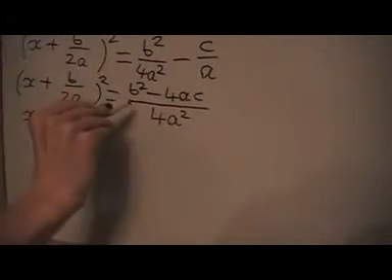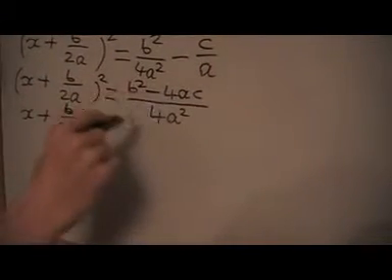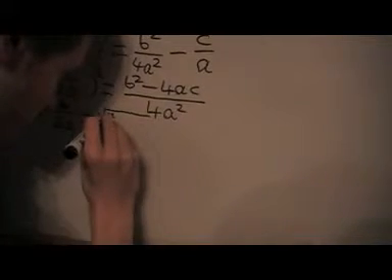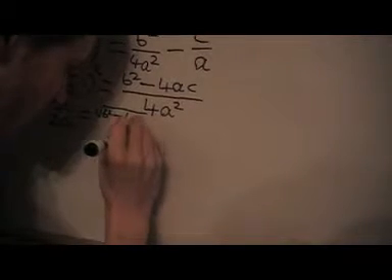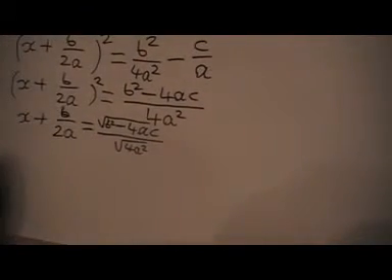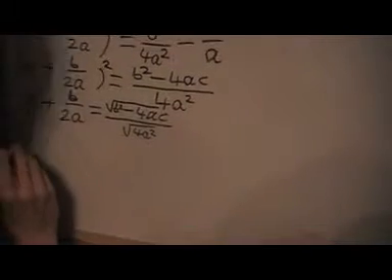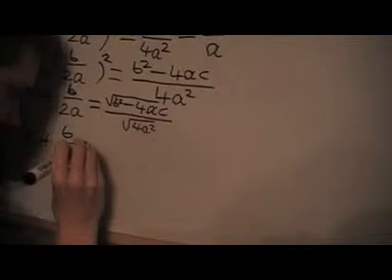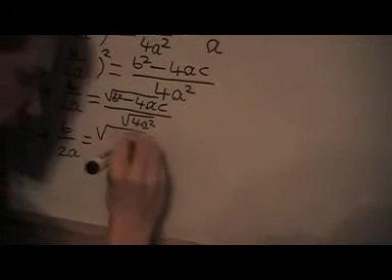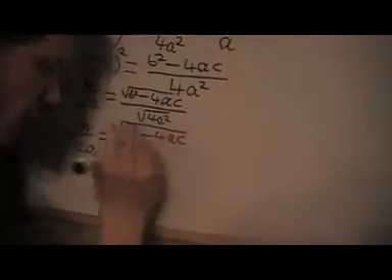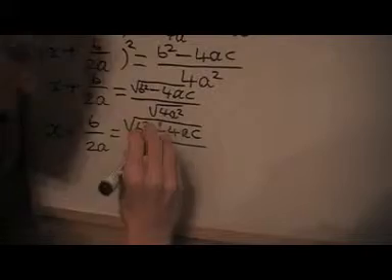And then when I square root this fraction here, what I do is I take the square root of the top and the square root of the bottom. And then when I do that, I can't simplify this bit here, but on the bottom I get 2a.